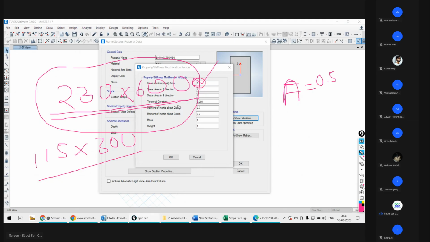Okay, 50% reduction in the area consideration. So while the analysis, एक्चुअल जो प्रॉपर्टी थी उसमें हमने मॉडिफिकेशन कर दिया. So in reality section definition is the same 230 by 600, but while doing the analysis and design, finally this area is going to be considered.